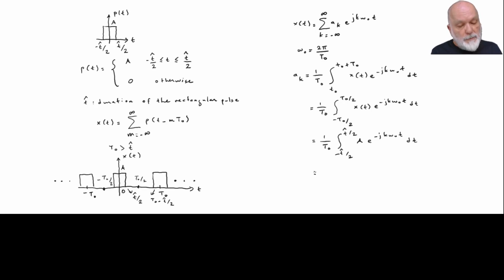Now we have a over t0, and we have the integral of the complex exponential function, e to minus jk omega 0 t divided by minus jk omega 0, evaluated at t cap over 2 and minus t cap over 2.